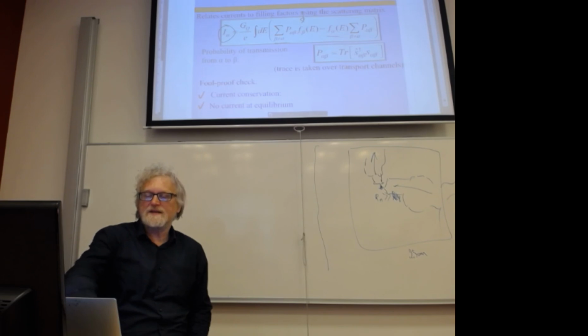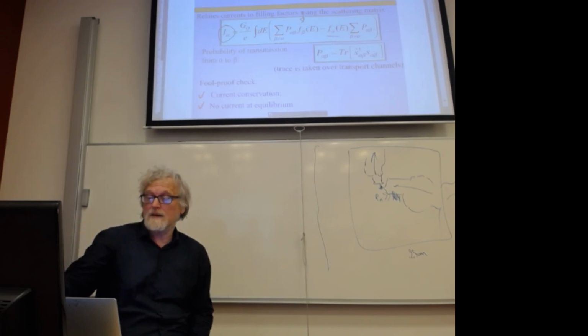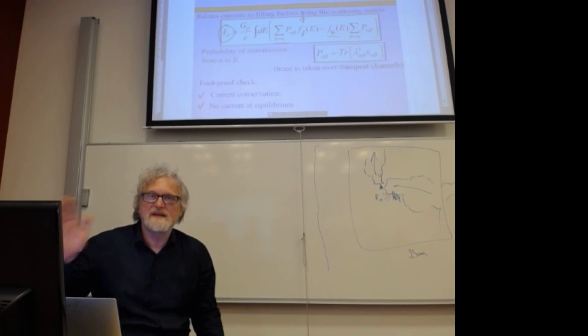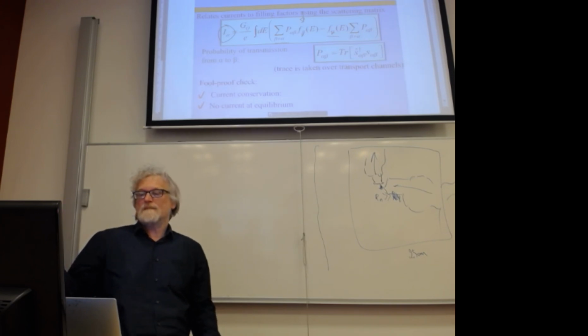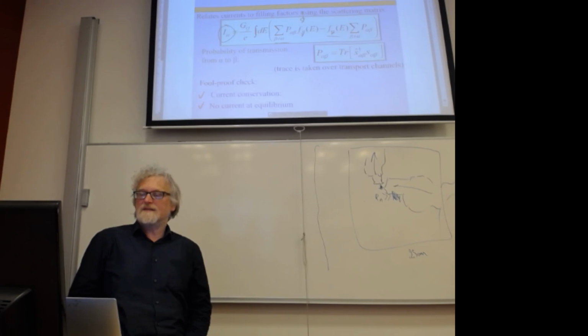Current conservation: with the sum over alpha we get 0. Current at no equilibrium: we just set all F's to be the same. Equilibrium, and again currents are 0 in any terminal. Good. The foolproof checks are completed.